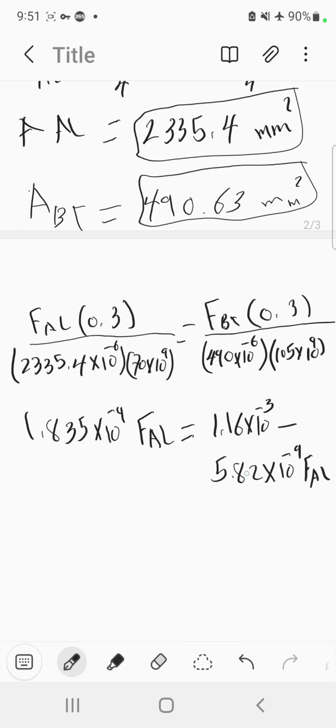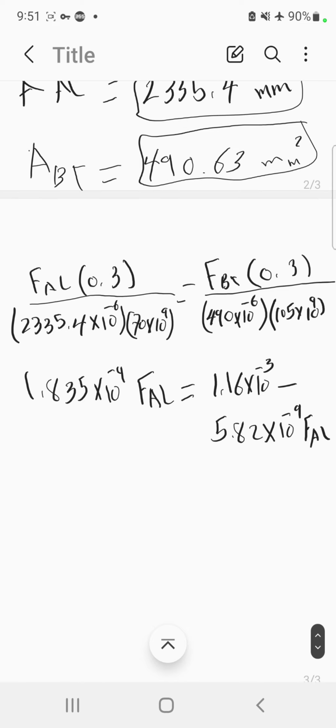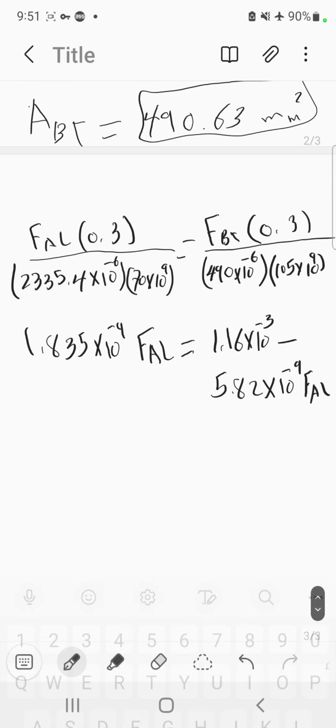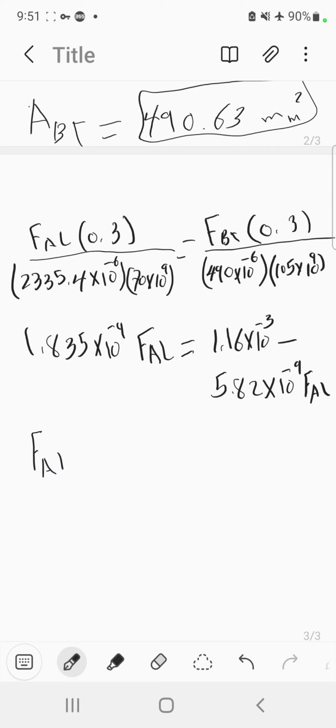Then we can substitute that in the equation itself. After a little more mathematics, we get FAL equal to 151,534.9 Newton.